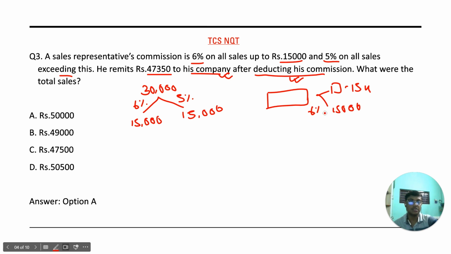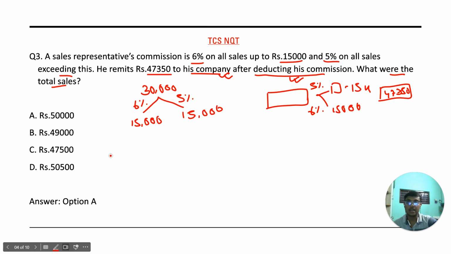This would have a commission of 6% and this would have a commission of 5%. After deducting all the commissions, you would be left with some amount, and this is given as 47,350. Got it? So we have to find what were the total sales.